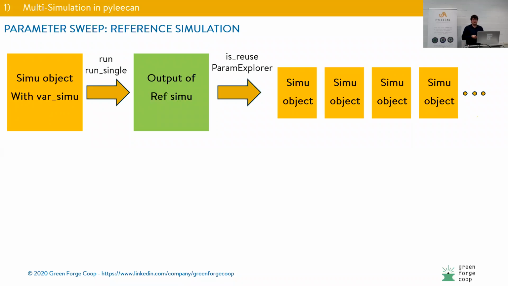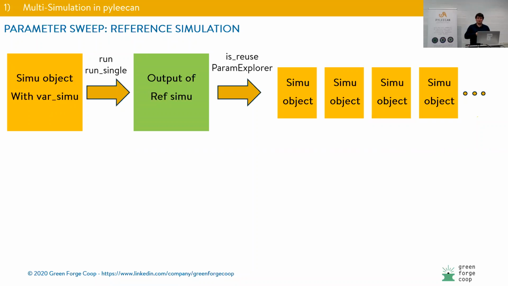Then we will generate the list of simulations that we need to run. The idea is that we will take every single ParamExplorer and we will do the product. For instance, if you have a ParamExplorer with 4 values and a second one with 5 values, you will define 20 simulations for all the combinations.